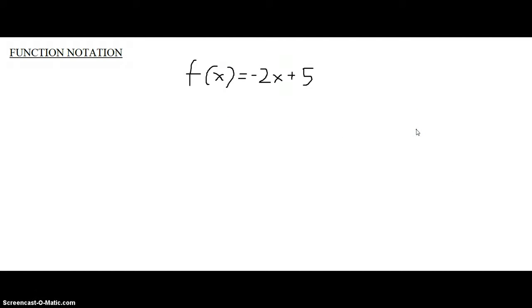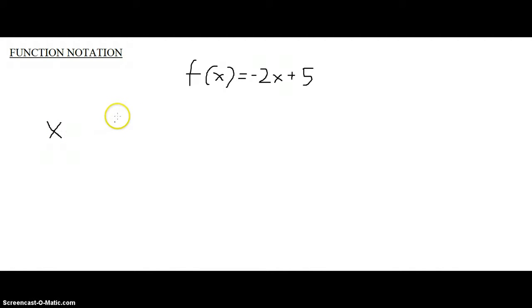Okay, for F of X equals negative 2x plus 5, let's try to find the output for the inputs negative 3, 0, and 1/4. So, we're going to draw a little bit of a table, and it's going to look like this.